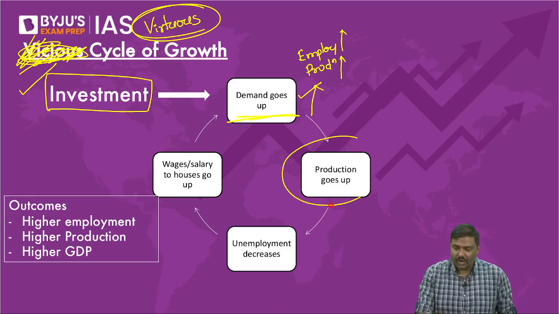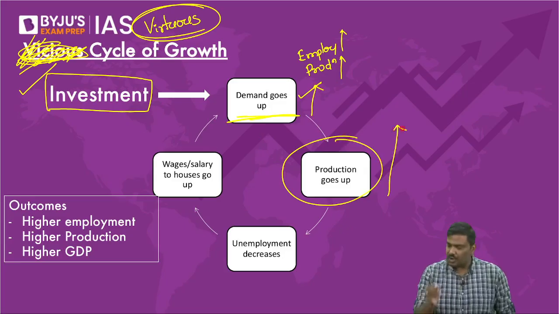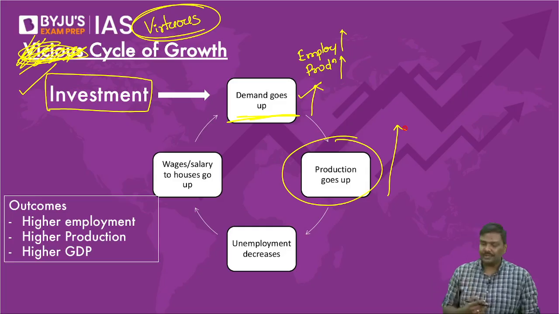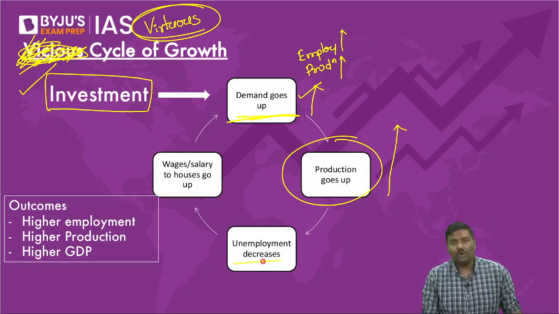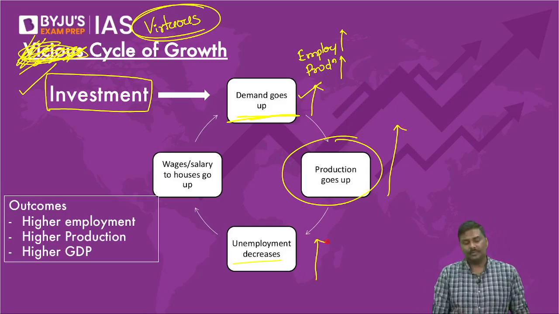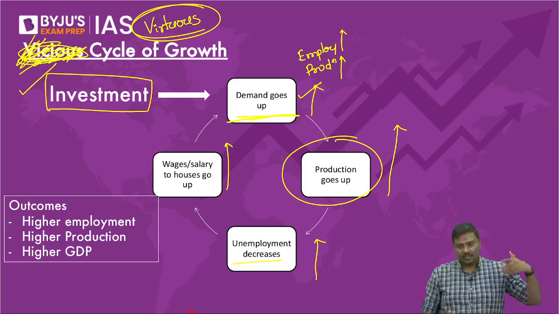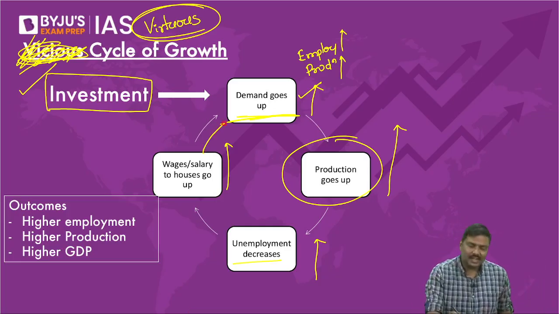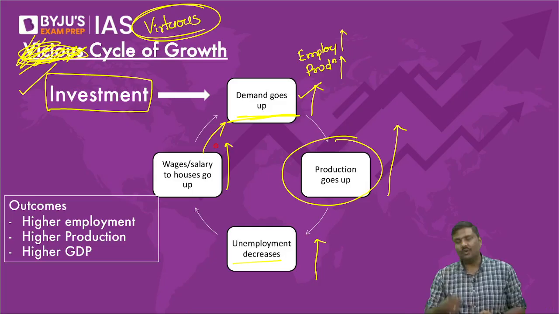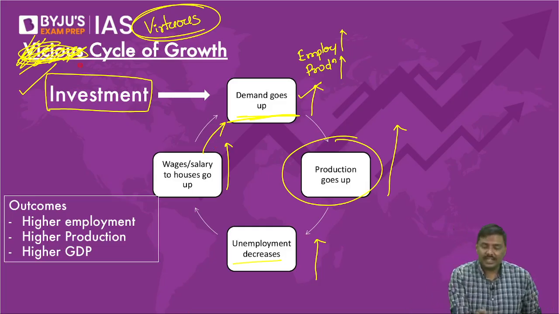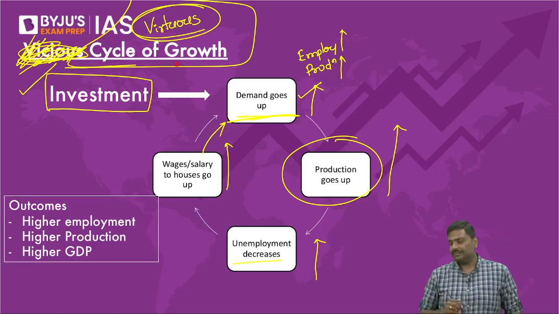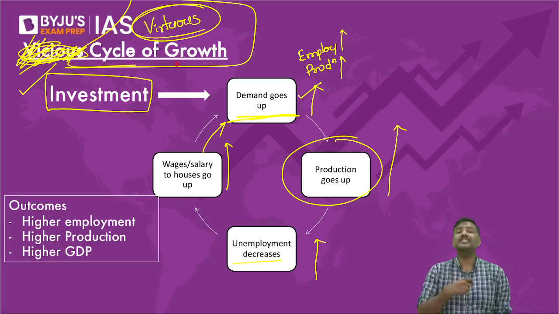When the demand for raw materials goes up, there should be higher production. Unemployment will go down, employment will go up. The wages or salaries which are earned by the households will also go up. And as a result of which, again the demand will go up. So this is a virtuous cycle of growth.